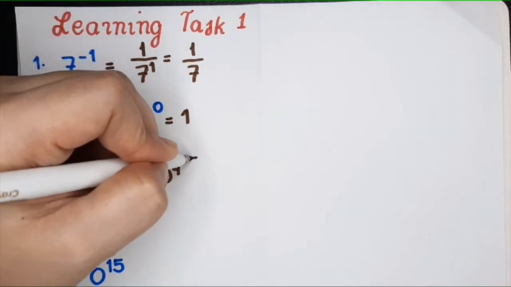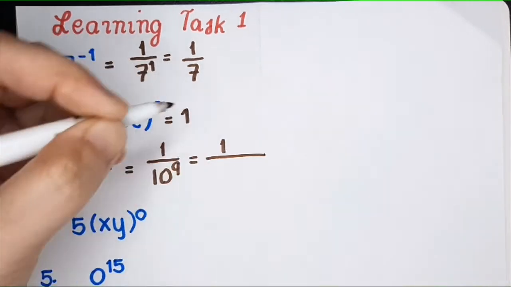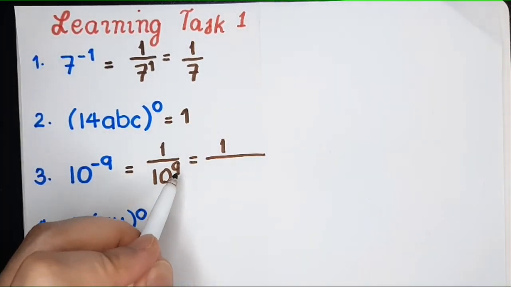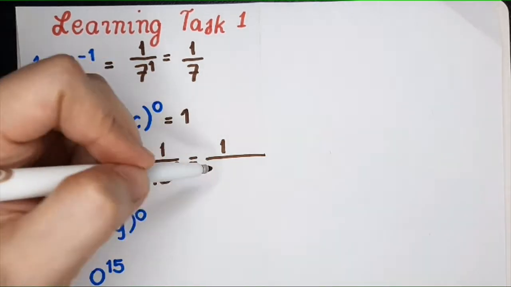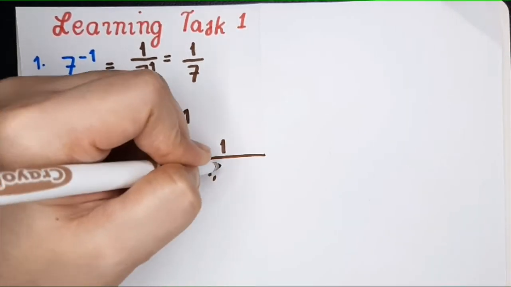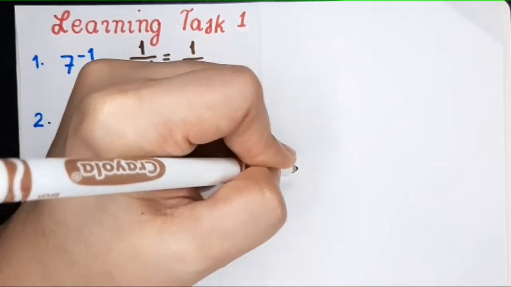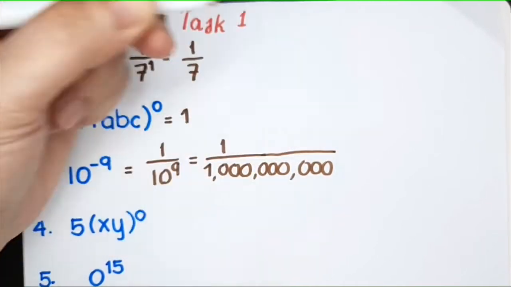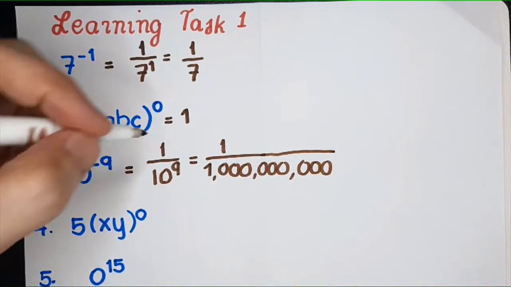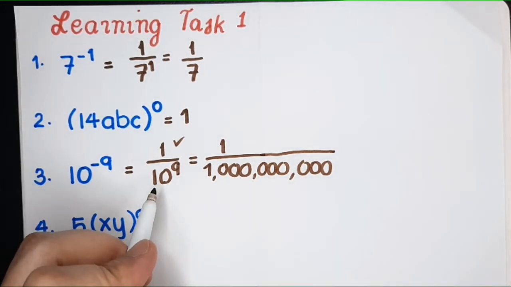So, you may want to write this as 1 over 10 raised to 9 means with 9 zeros. So, it's like that. So, 1, 2, 3, 4, 5, 6, 7, 8, 9. Like that. Okay? But I think this one is okay because it has no negative exponent.